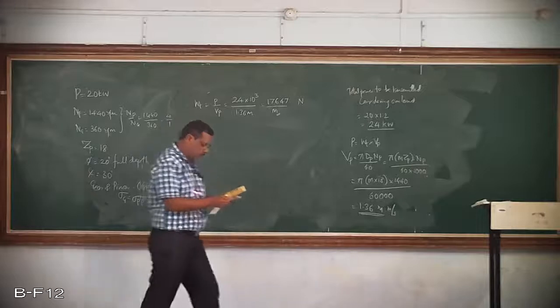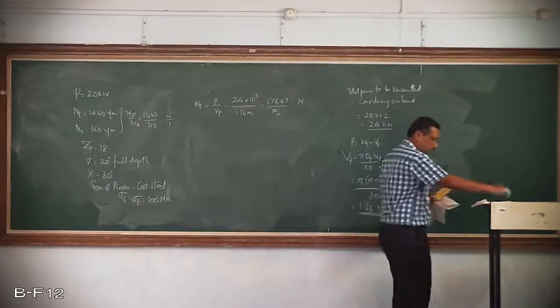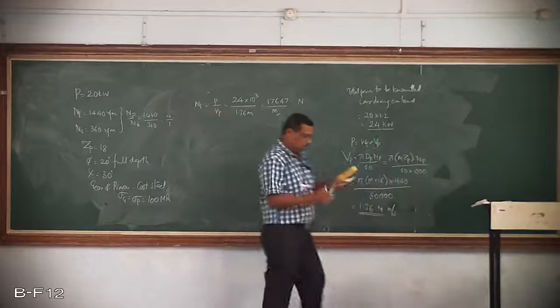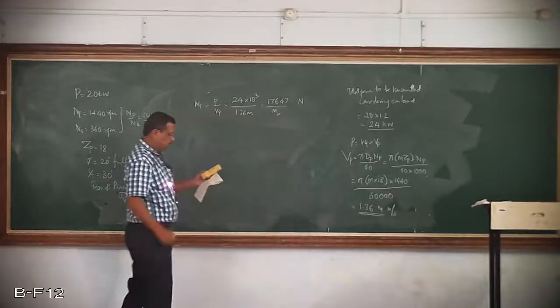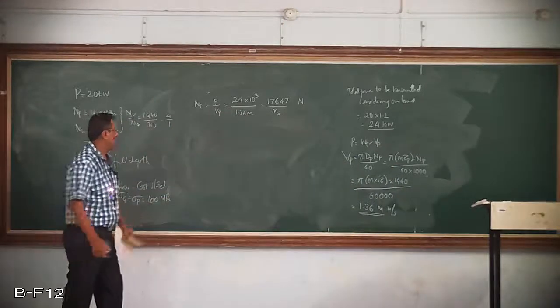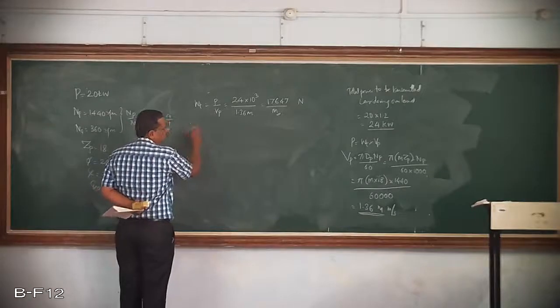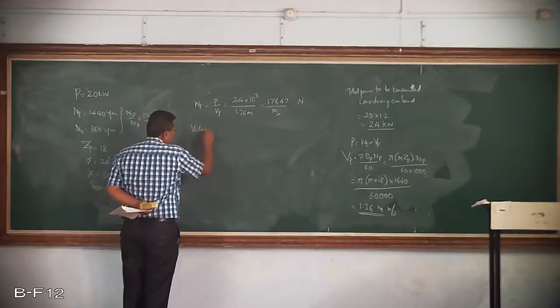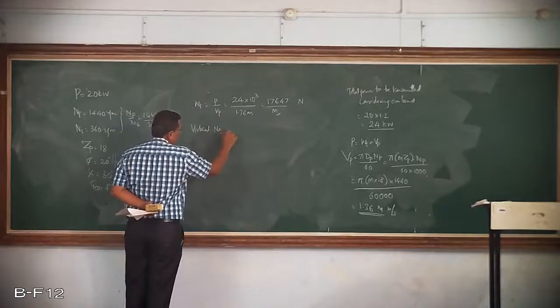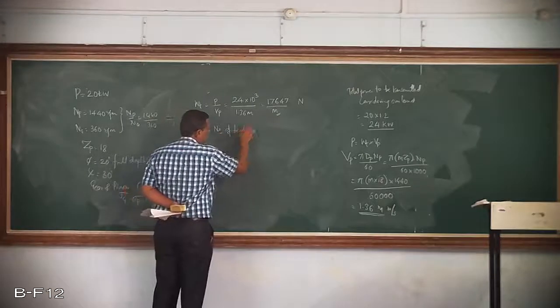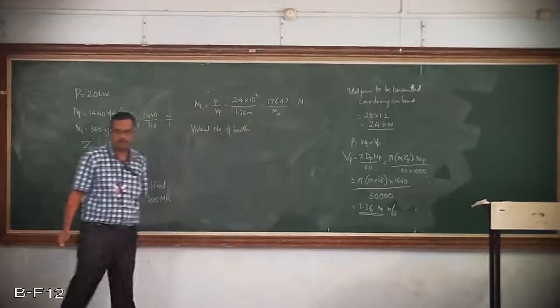Once we calculate the tangential load, we need to proceed with the form factor. Let us calculate the virtual number of teeth, or the formative number of teeth, or effective number of teeth.